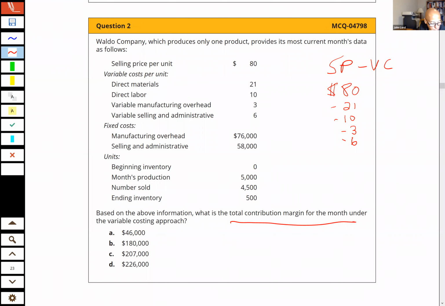So I come up with a unit contribution margin. If I subtract all that out of $40 per unit, is that what everybody got? Okay. And I forget who was asking me about whether it's for the period. I kept saying, no, it's for the units sold. Who asked me that?